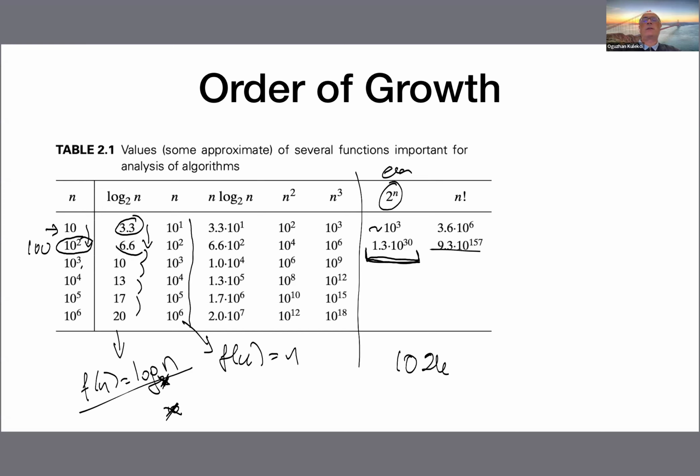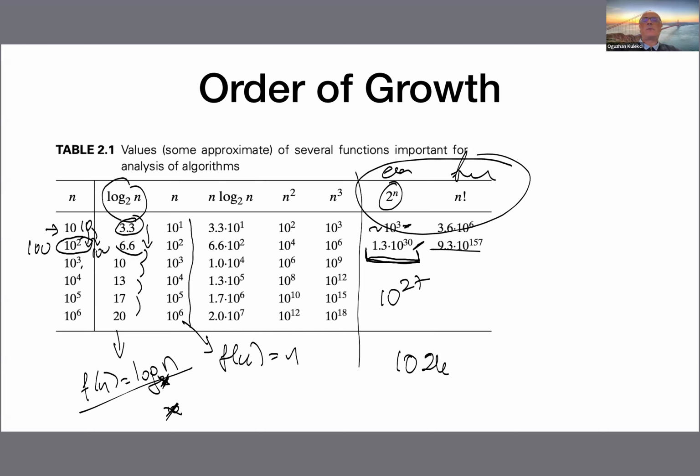So when you compare this one with this one, we see that it is more than 10 to the power of 27 times greater, only by making n go from 10 to 100. So that is why exponential and factorial functions grow very fast.